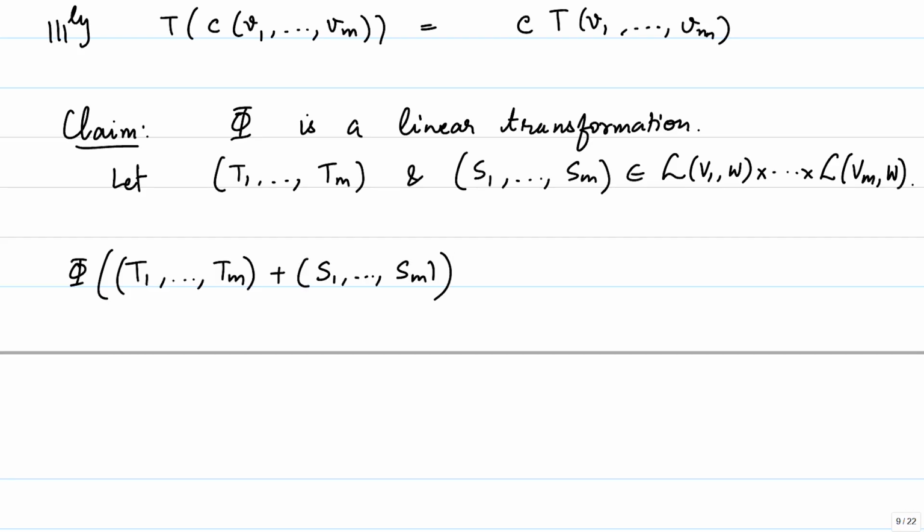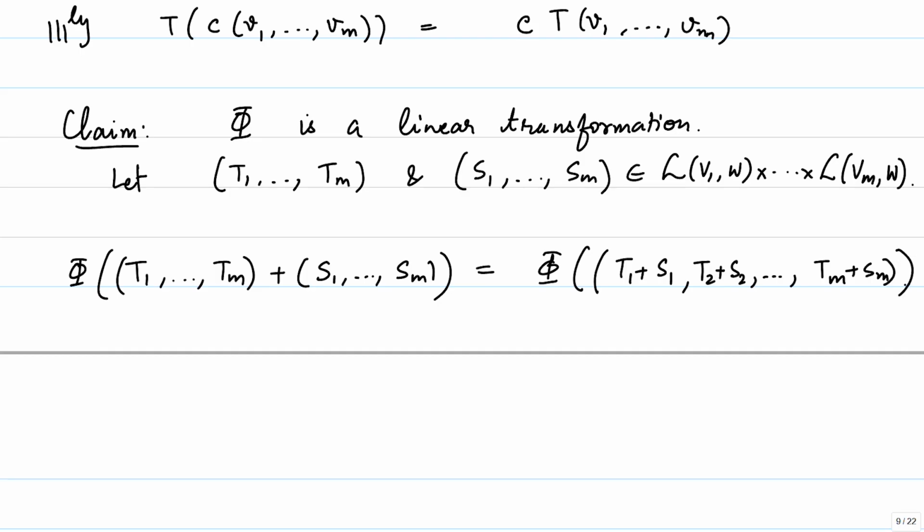This is what we are interested in, right? What is this? This is by definition equal to Phi of, by the vector addition which is defined here, (T1 plus S1, T2 plus S2, up to Tm plus Sm).